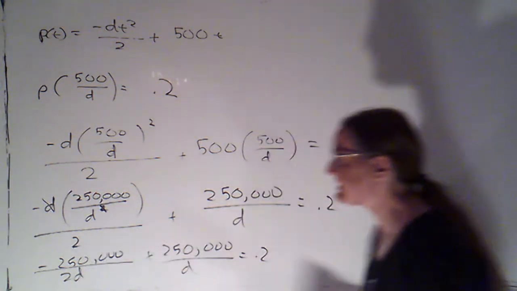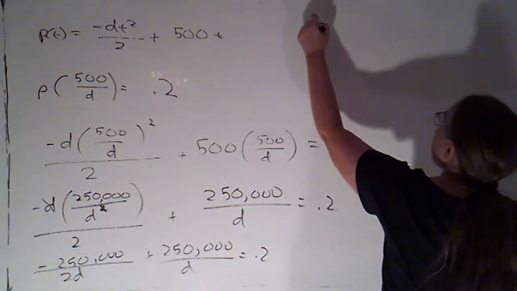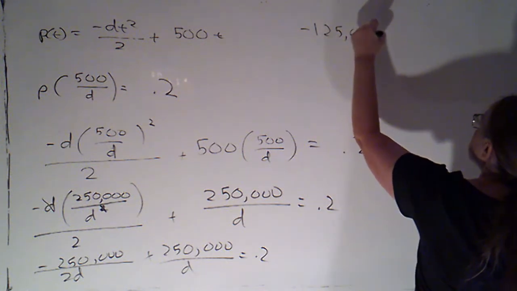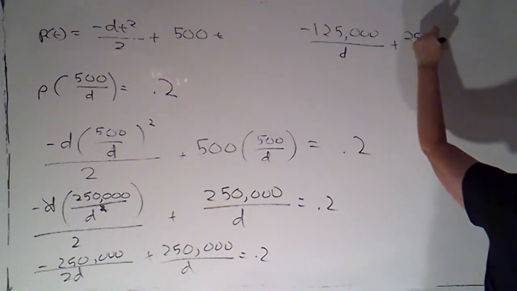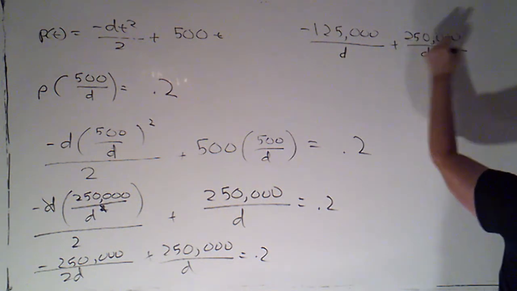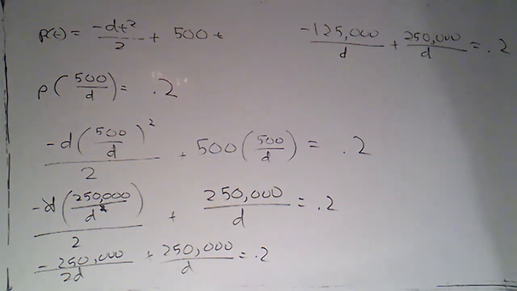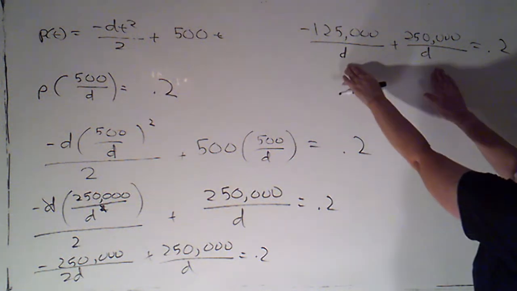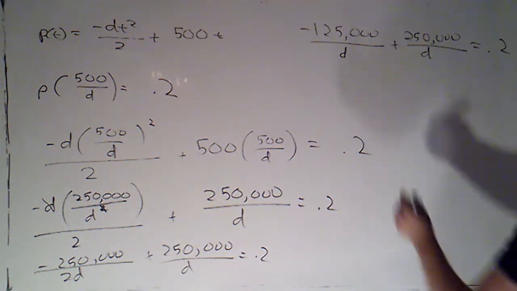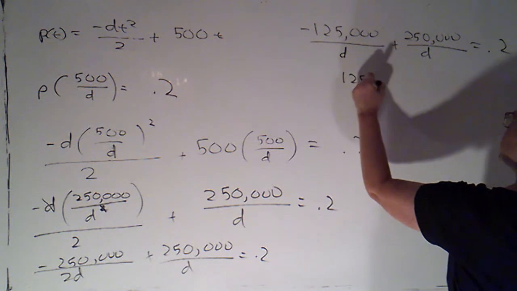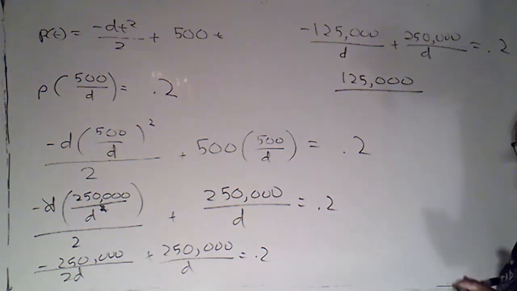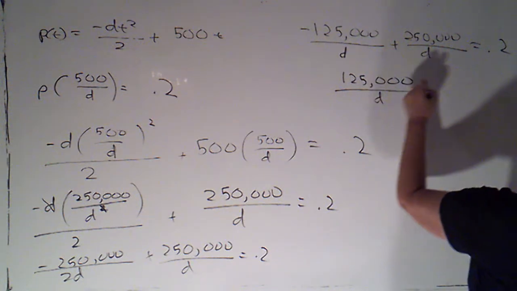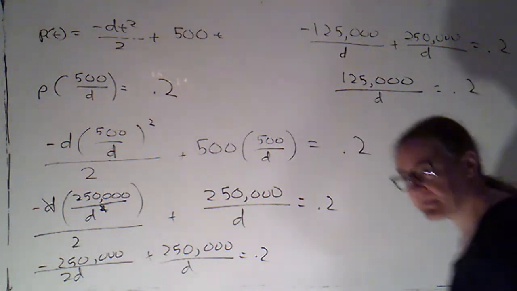So going ahead and canceling that 2, I've got negative 125,000 over d plus 250,000 over d equals 0.2. I can combine these fractions because they have the same denominator. So that's going to be 250,000 minus the other 125,000 over d equals 0.2.